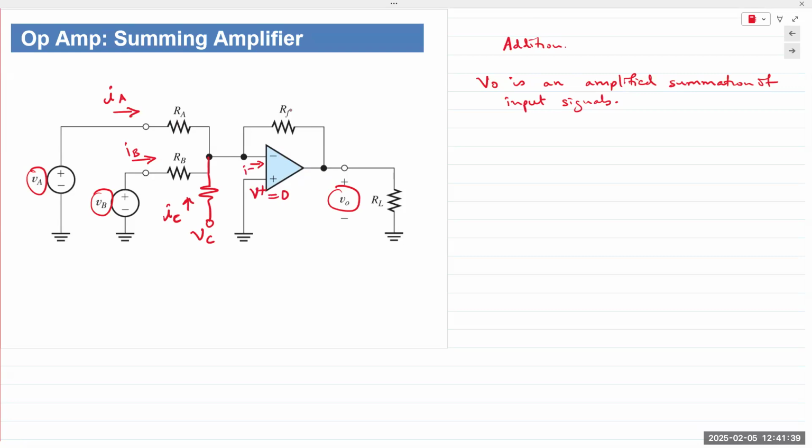So I minus and V minus is also equal to 0. You have IF, the feedback. And if you apply KCL at the inverting terminal, we obtain IA plus IB plus IC is equal to IF.